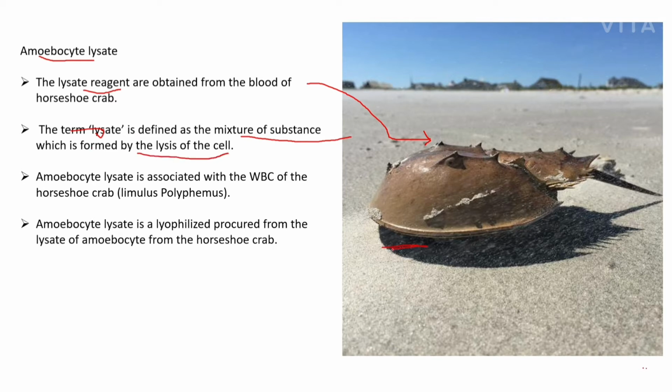The blood from the pericardium region of the horseshoe crab is taken, purified and then centrifuged, and the mixture of substances is known as lysate. This amoebocyte lysate is associated with the WBC of this horseshoe crab. These lysates are then freeze dried, lyophilized, to increase their lifetime.